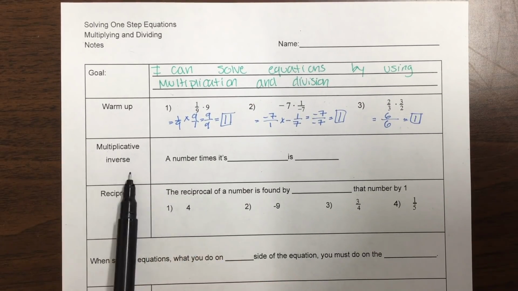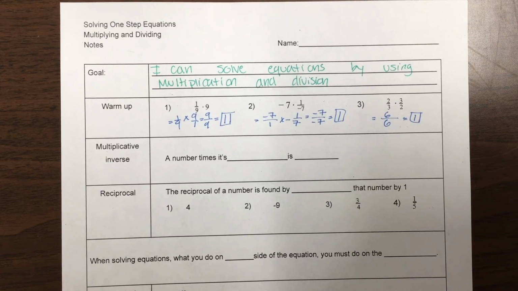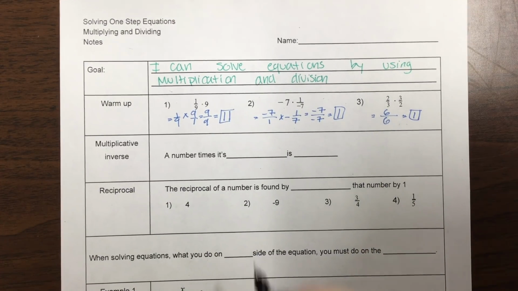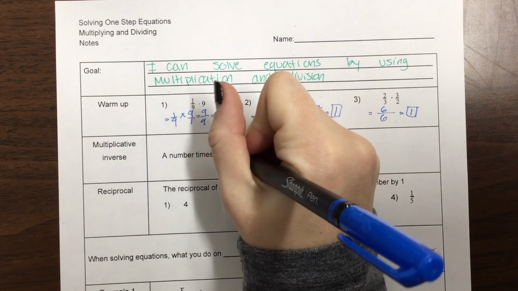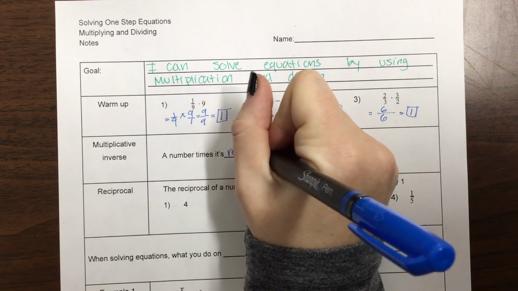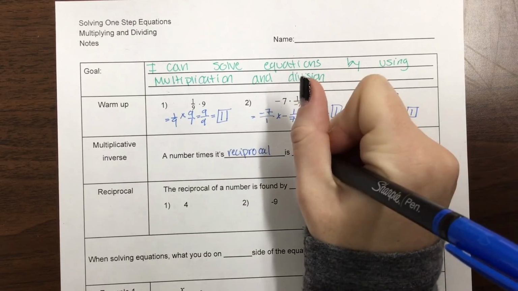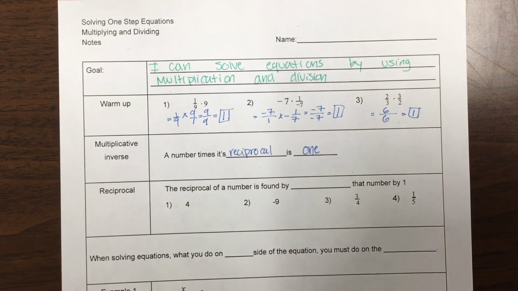Now we're going to talk about something new. It's called the multiplicative inverse. And what it says is a number times its reciprocal is 1. And then we're going to talk about what a reciprocal is.